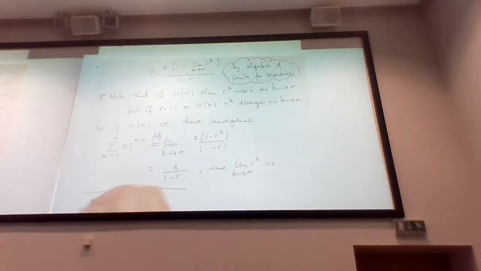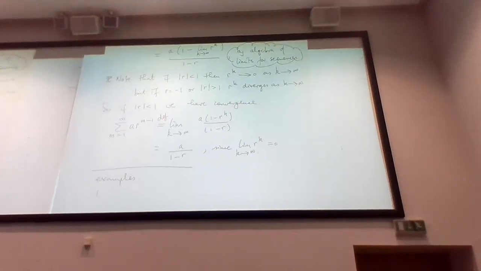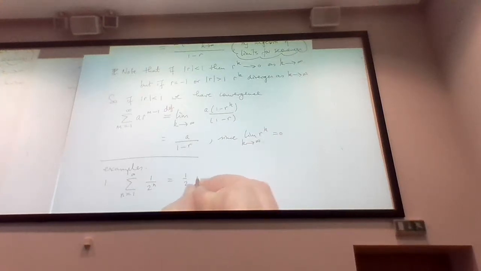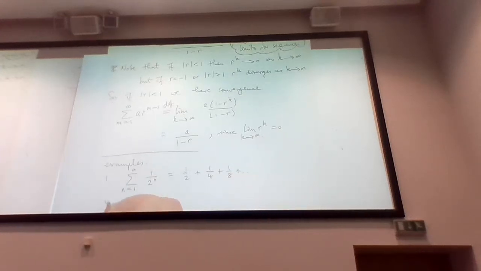Okay, so let's look at some examples. Well, the first example we could show is one of our introductory examples, which was a sum of powers of half. Half plus a quarter plus an eighth and so on. Well, this is an example of a geometric series, with a equals a half, and in fact r equals a half as well.